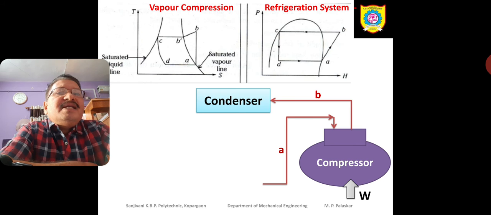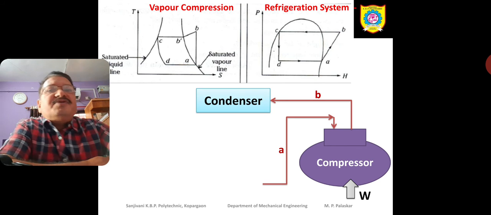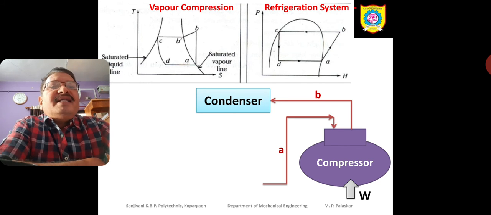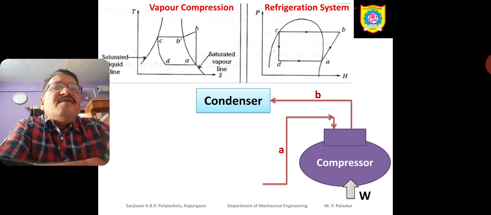Point B indicates the superheated condition of the refrigerant vapor, and B dash indicates the saturated condition of the refrigerant vapor. As soon as the refrigerant becomes saturated, the condensation starts at constant temperature as well as constant pressure from B dash to C.